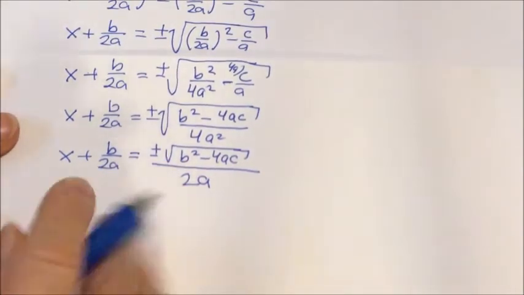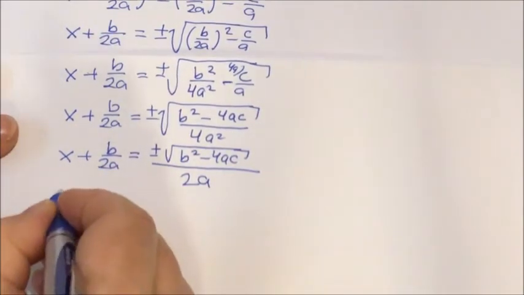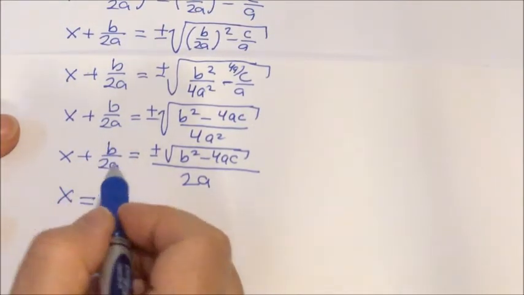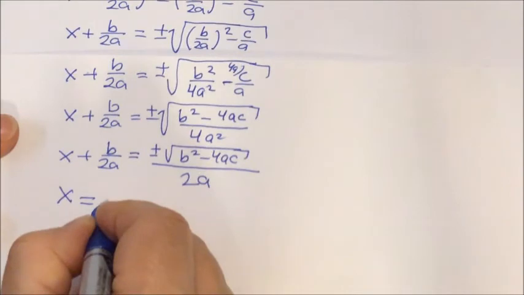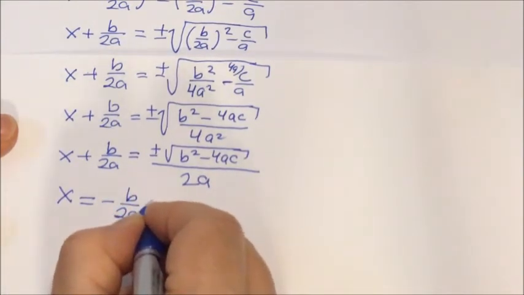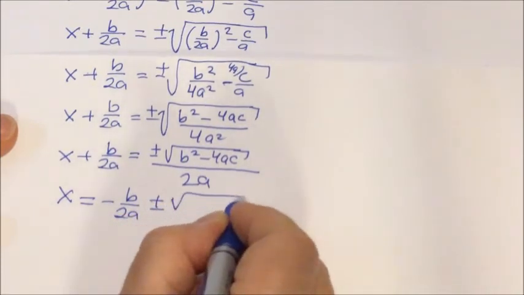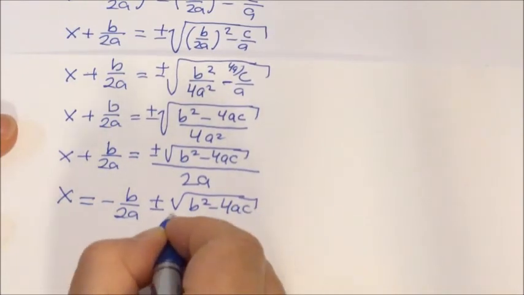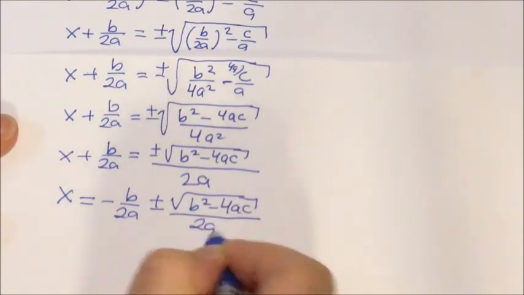Now we can solve x. We can subtract b divided by 2a from both sides. So we have minus b divided by 2a plus or minus square root of b squared minus 4 times a times c divided by 2a.